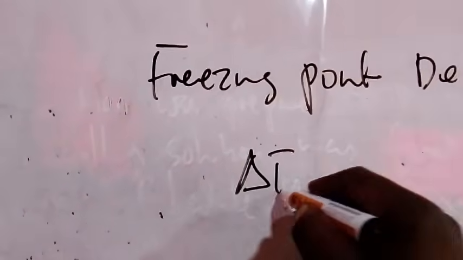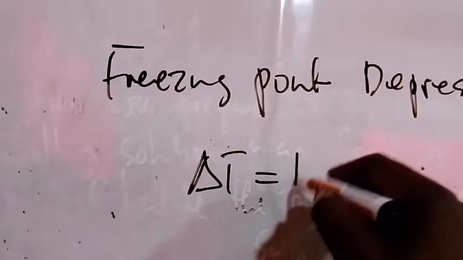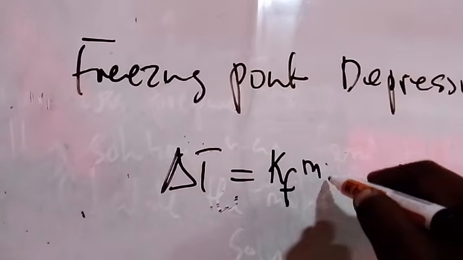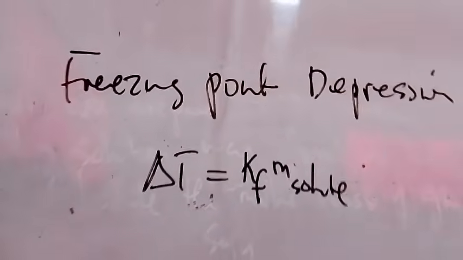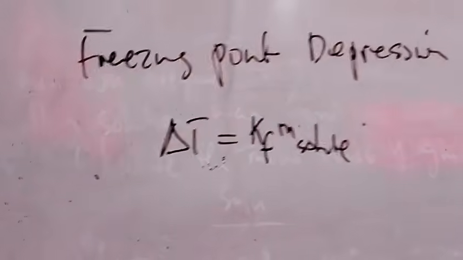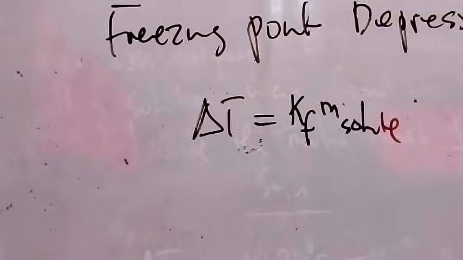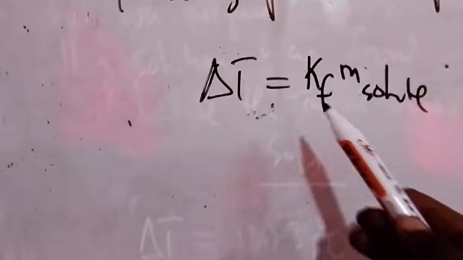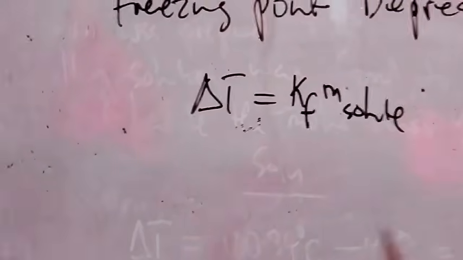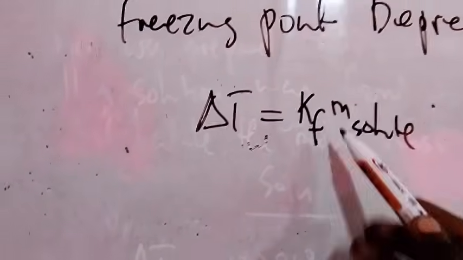So for freezing point, delta T is equal to Kf times molality of solute. Okay, so in this case now, you can take note, the only difference is Kf and Kb. So here we are using Kf.